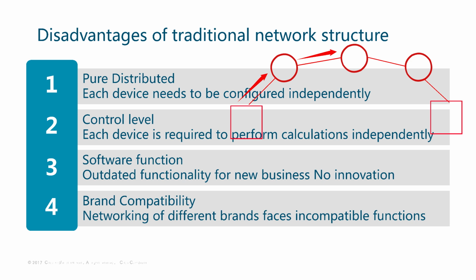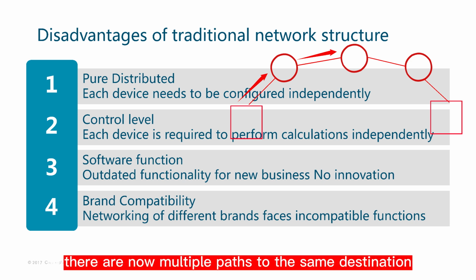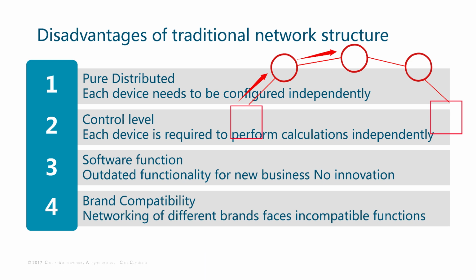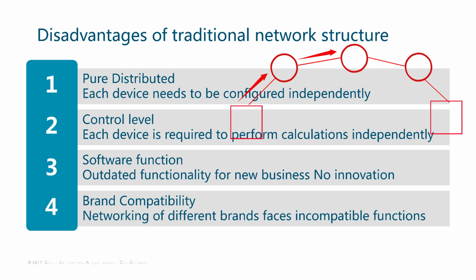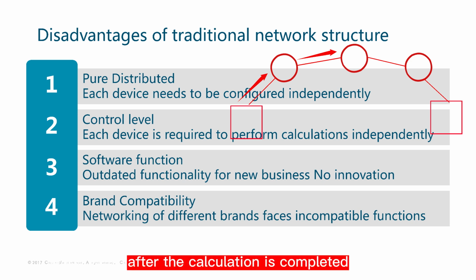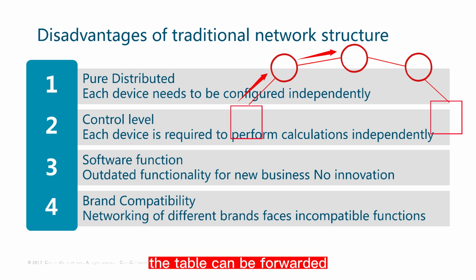For example, there are now multiple paths to the same destination. Which one to take, going up or stepping down, also needs to be calculated. So it's all called computing. After the calculation is completed, the table can be forwarded.